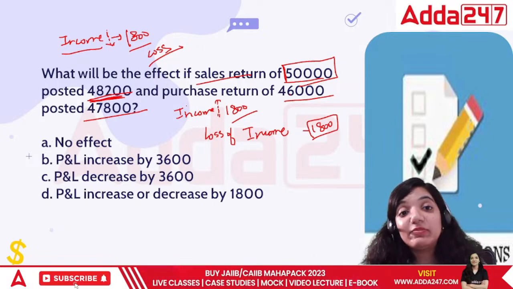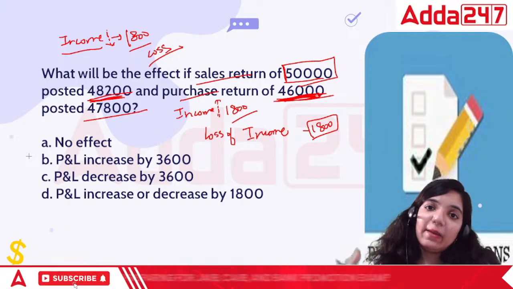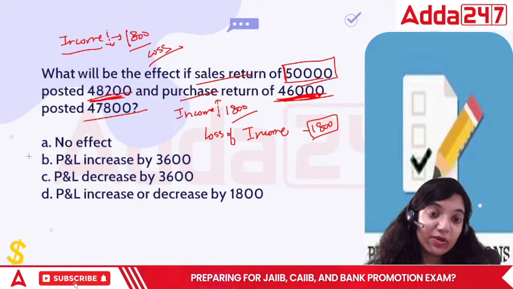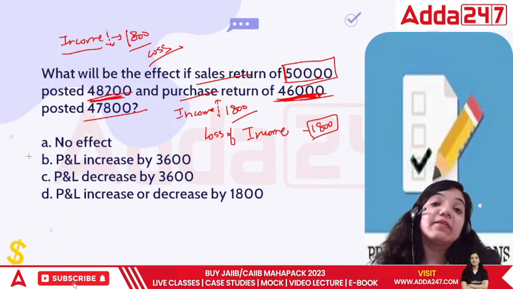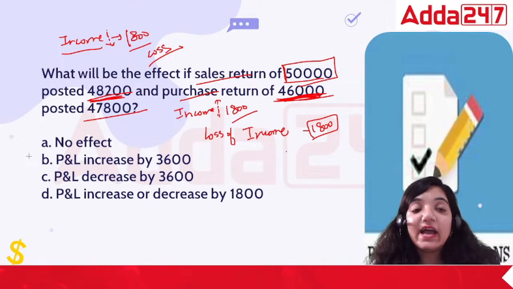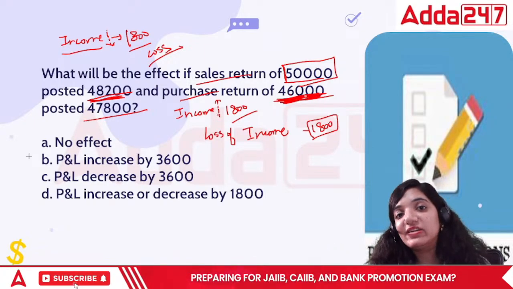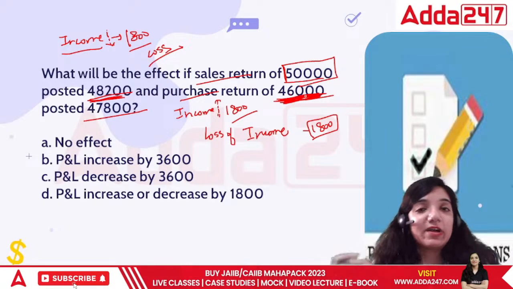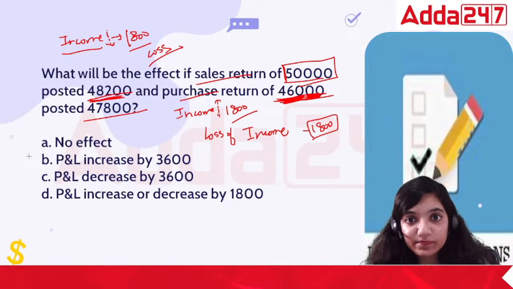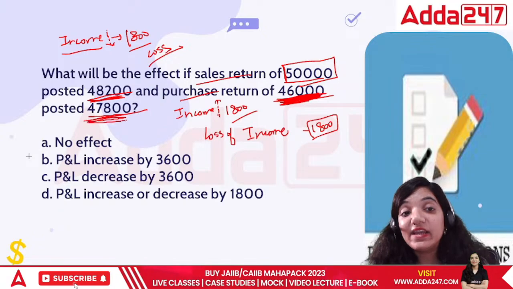And at the same time, the purchase return of 46,000. I am giving back 46,000, but I have wrongly noted as if I will be getting 47,800 back. So technically, I have booked an income there. This purchase return of 46,000 is basically a kind of income for me. I was supposed to get 46,000 back, while I have shown it as 47,800.